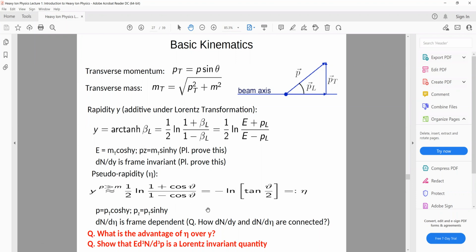One question I have asked here is, what is the advantage of eta over y? Maybe most of you already know this. Another question is that you can also show that E d3N by d3p, which sometimes we call the triple differential, is a Lorentz-invariant quantity. This is the quantity we measure in the experiment. This is known as the triple differential invariant cross section.